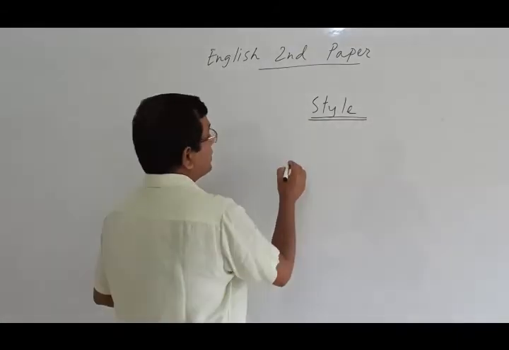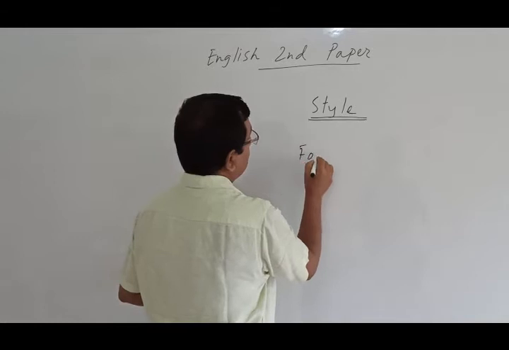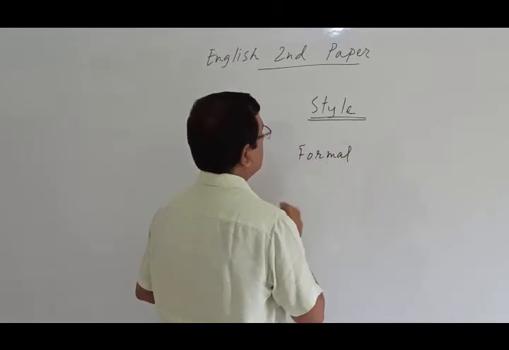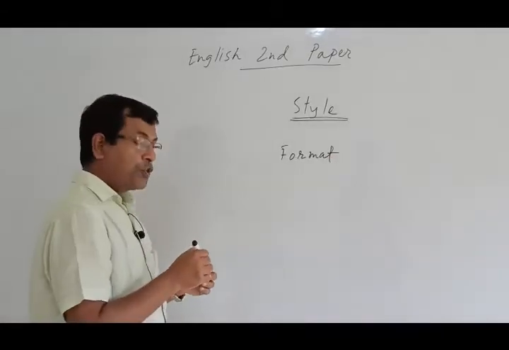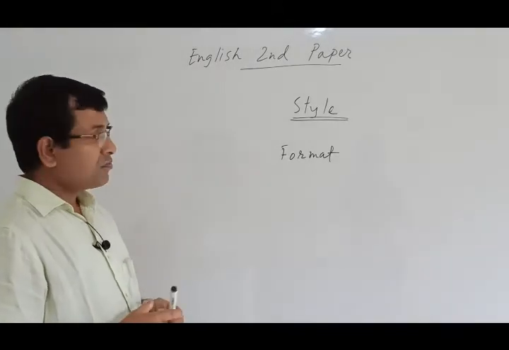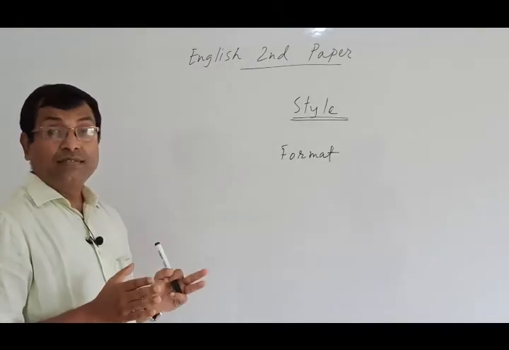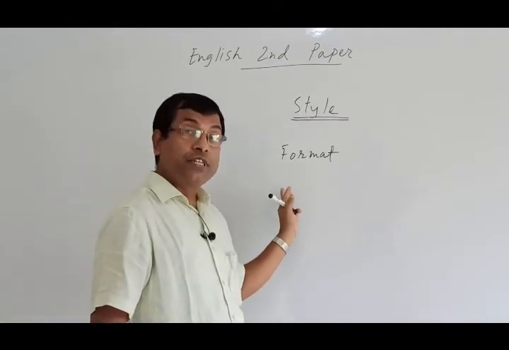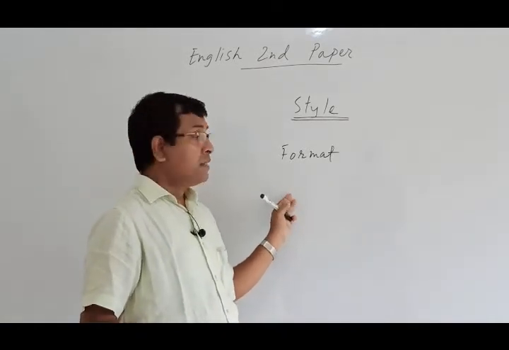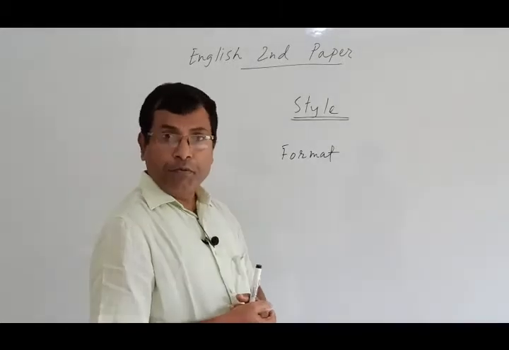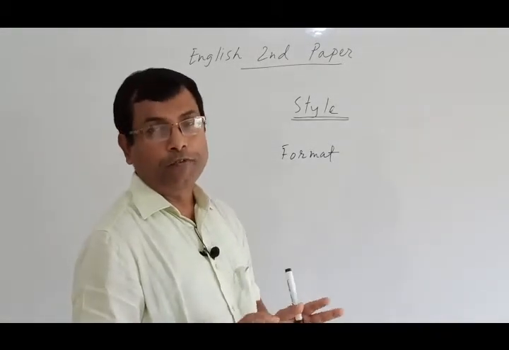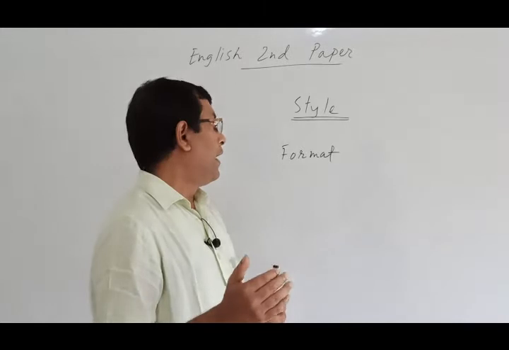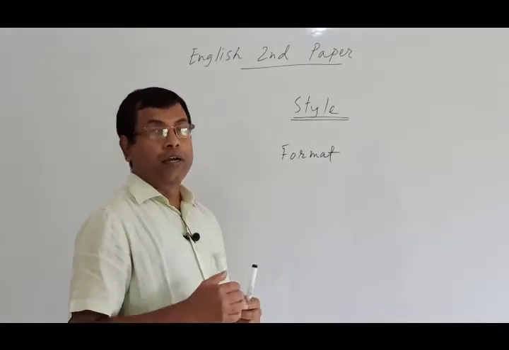And again, style also includes format. A composition has one type of format, and a paragraph follows a different type of format. Again, the format of report writing is also different from the format of a composition and a paragraph.